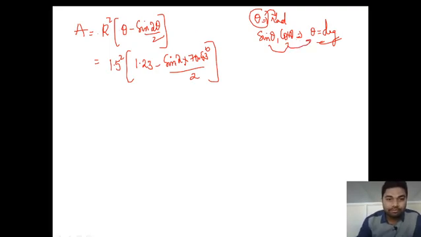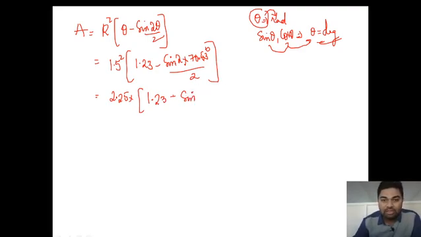So this value comes as 1.5 square is 2.25 into 1.23 minus sin 2 into 70.53, it becomes sin 141.08 degrees, by 2.